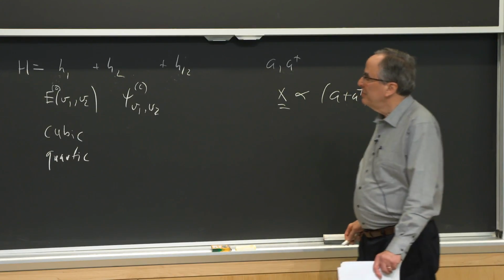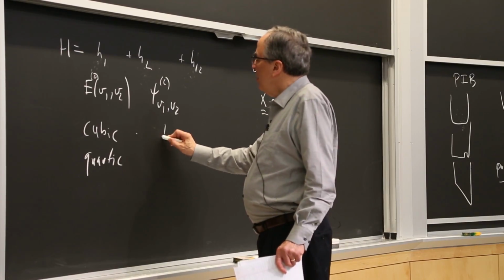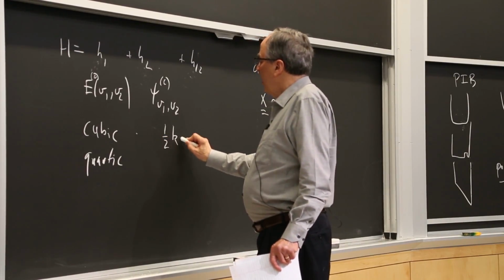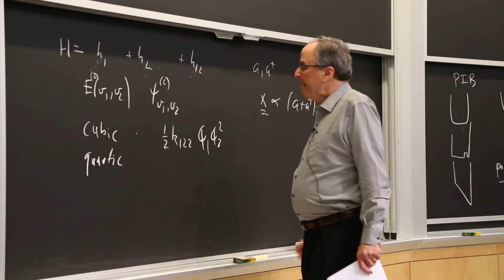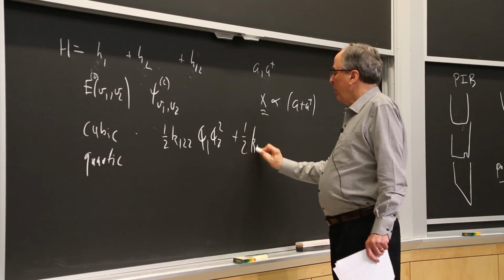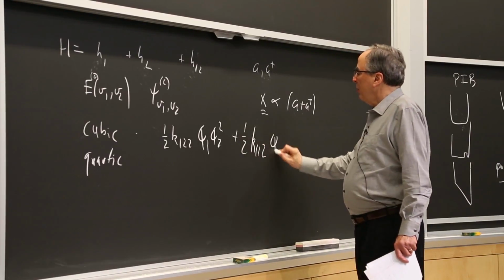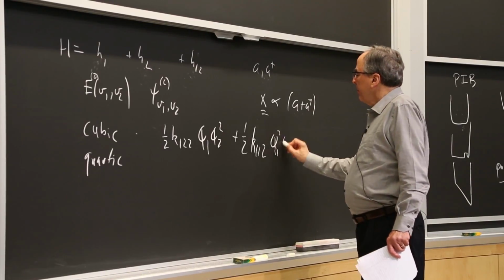So the cubic terms for two oscillators would be 1/2 K_122 Q1 Q2 squared plus 1/2 K_112 Q1 squared Q2.